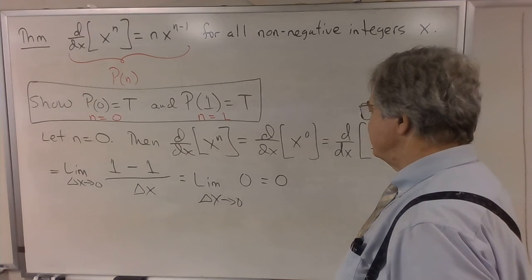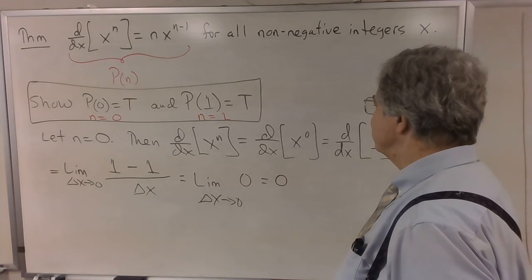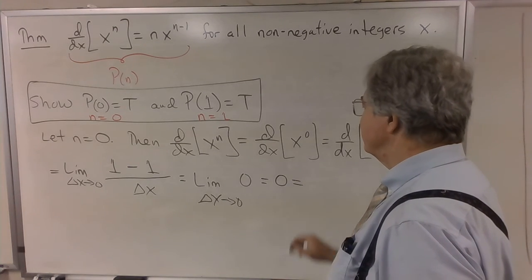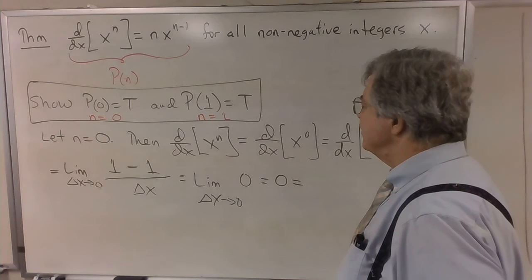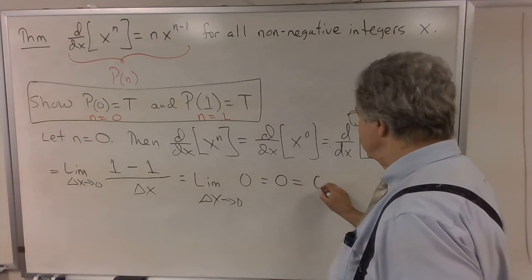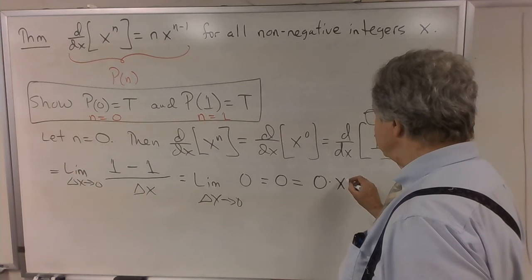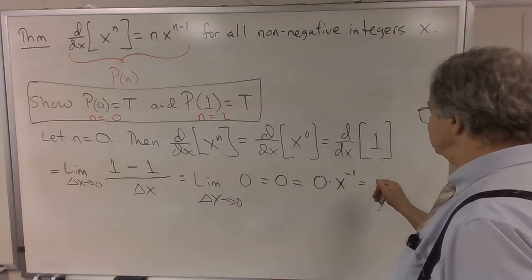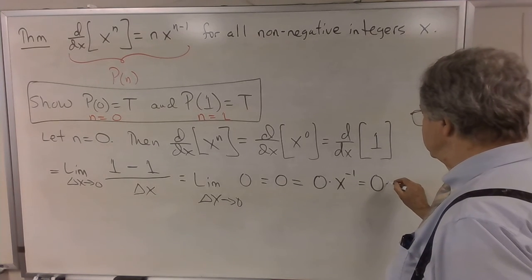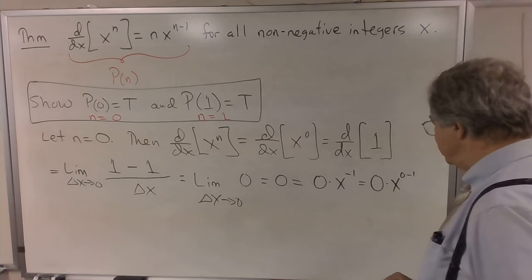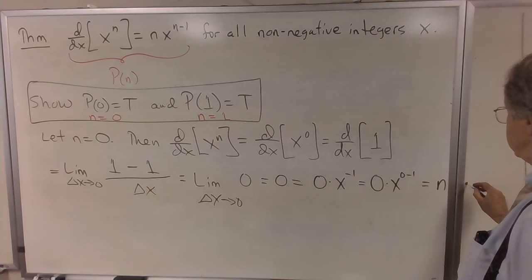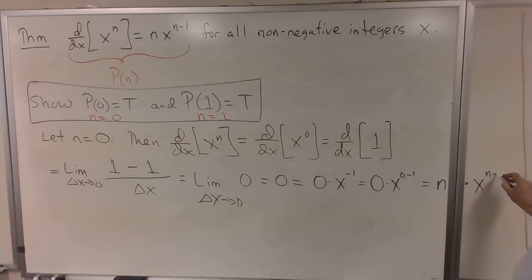Now, can I write it in terms of x to a power? Let's see. 0 times x to the negative 1, 0 times x to the 0 minus 1, which is n times x to the n minus 1, where n is 0.